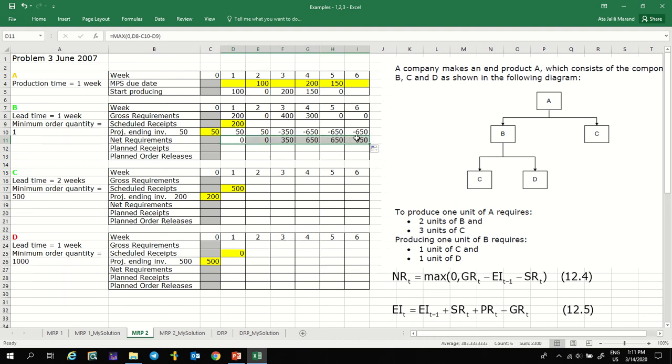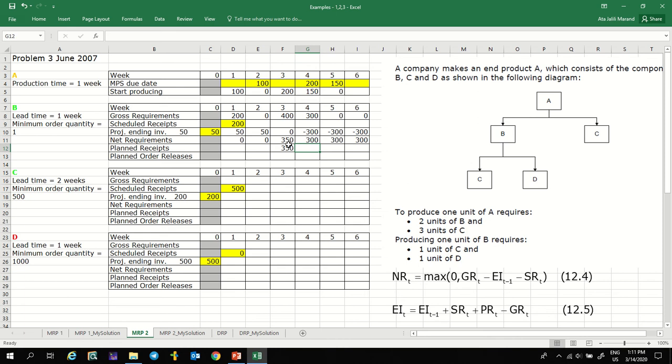But if I drag it for the next time period, for the next week, I can see some positive values for the net requirement in week 3 to week 6. Then in week 3, I need to have some planned receipts to satisfy this net requirement. Minimum order quantity is 1, so I can make an order of 350.